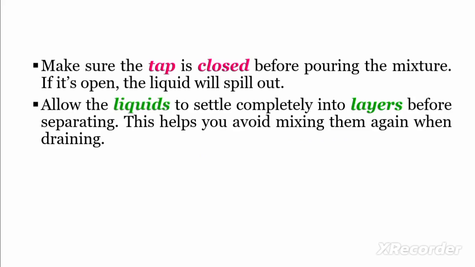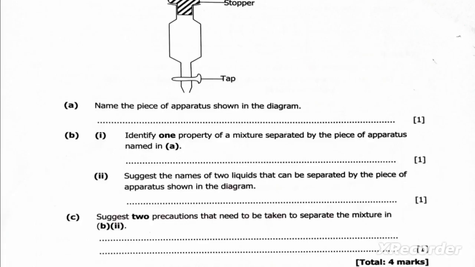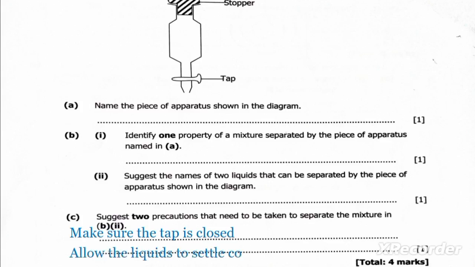So these are two precautions that we need to consider when using the separating funnel: make sure the tap is closed, and allow the liquids to settle completely into layers.